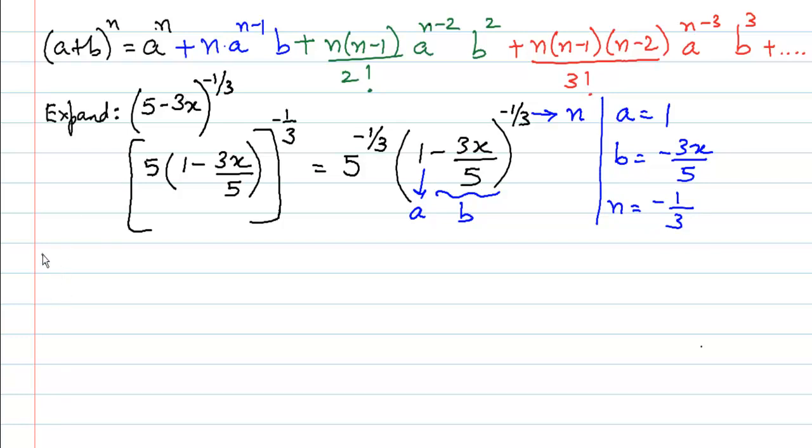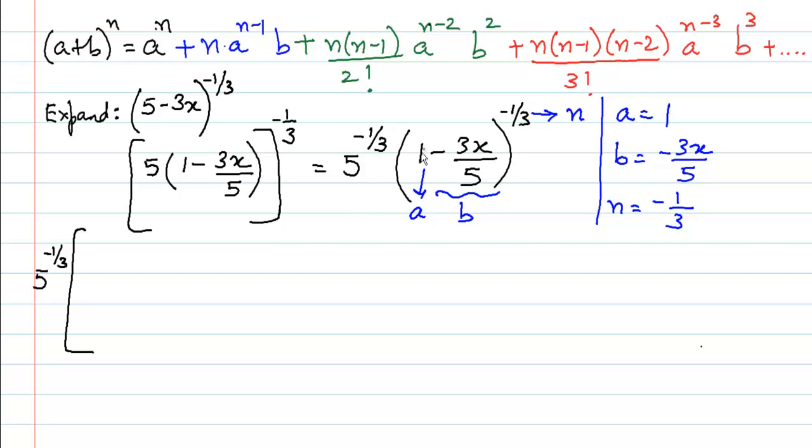So let's start this. 5 raised to minus 1 upon 3 common. We'll draw a square bracket, and we have (1 minus 3x upon 5) the whole raised to minus 1 upon 3. So first is a raised to n.